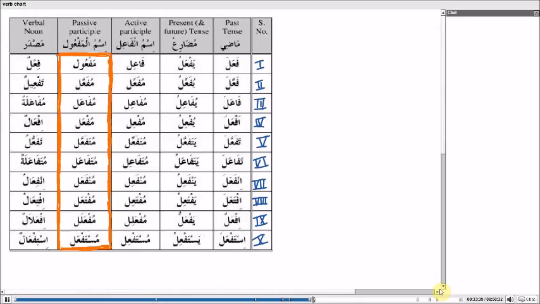But here, when we get to forms 2 through 10, they never ever change. Never. So if we have, for instance, safara, to travel, the person who does the traveling is a musafir.